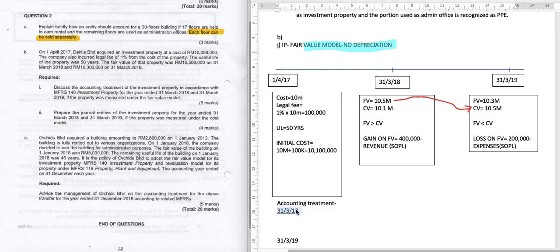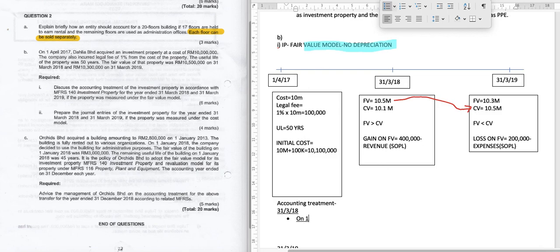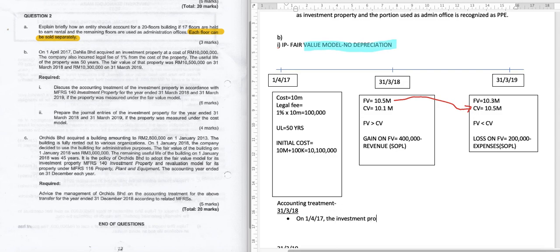Okay, alright, so for 31st March 18, firstly you would say on 1st April 17, the investment property is recognized at initial cost of RM10.1 million.